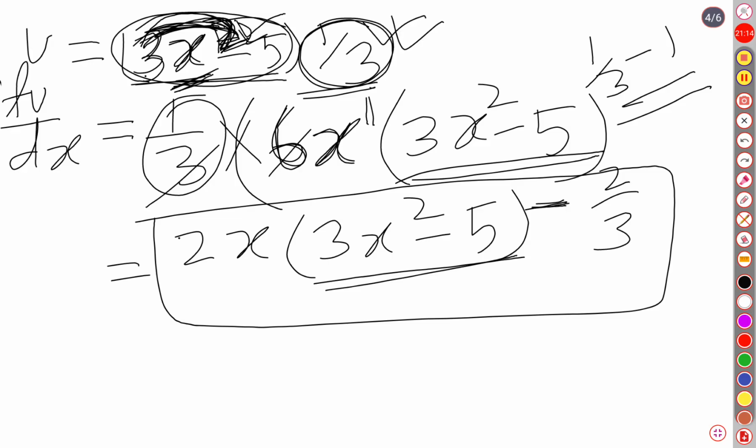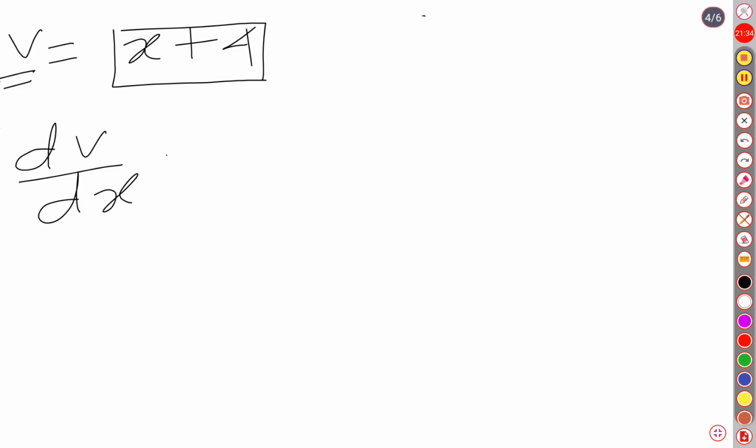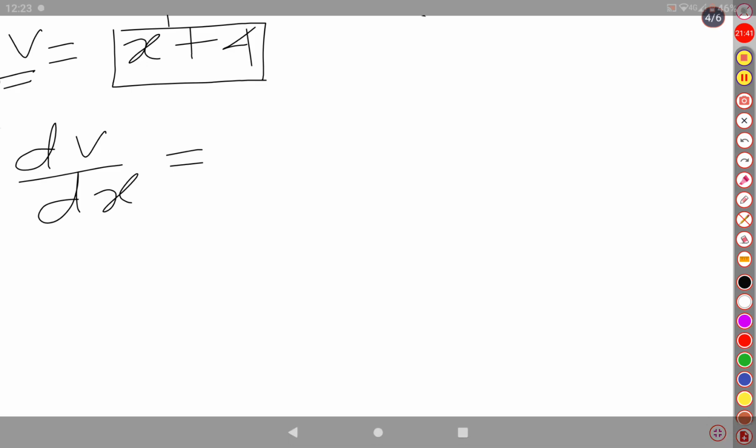Let's differentiate the second function. It was the first function u. Our second function, let the second function be supposed to be v. Okay, second function v, and it is actually x plus 4. We are going to differentiate x plus 4. So let's write derivative of v is equal to the same word, that exponent of x is actually here 1.